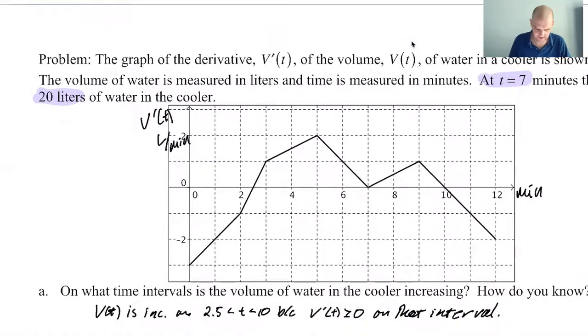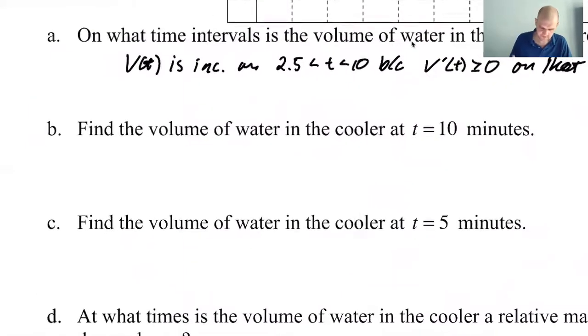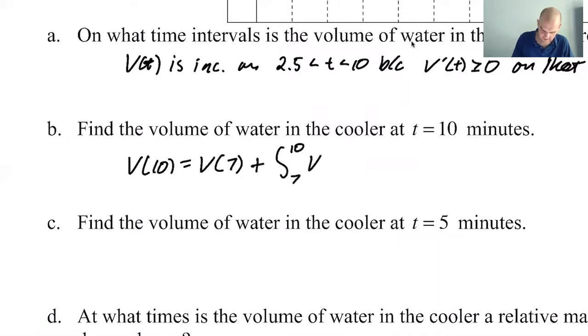So the amount of water at 10 is going to be the amount of water at 7. So v of 10 is going to be v of 7, the amount we start with, plus the displacement from 7 to 10 of v prime of t dt, right? It's the definite integral from 7 to 10 of v prime of t dt.